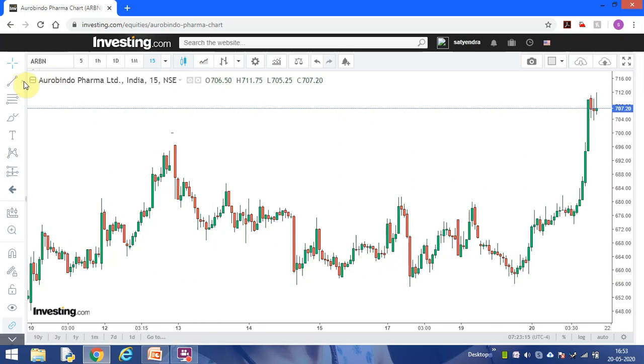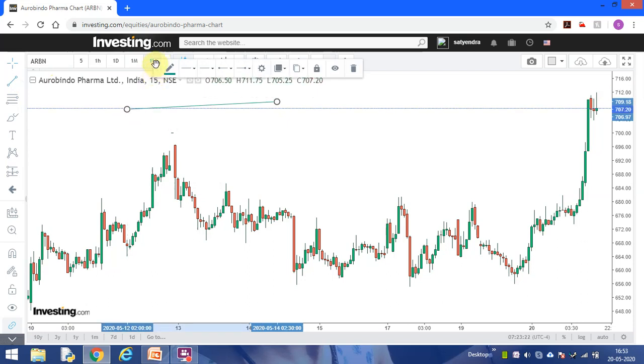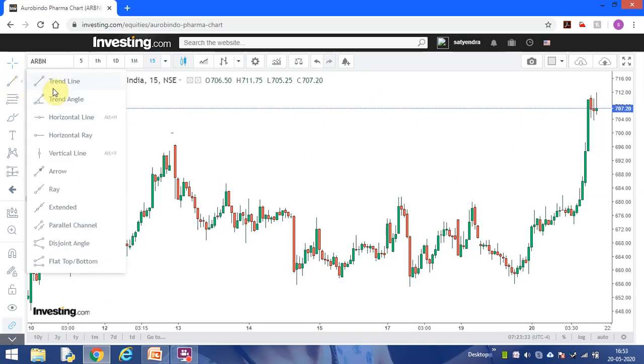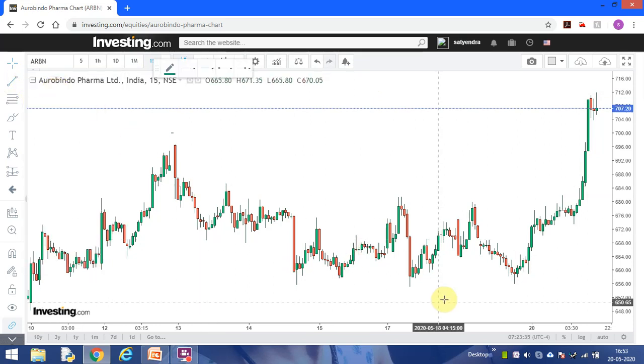Now this is Arvind Pharma. You see, this is a stock, and I have taken Arvind Pharma on the 15 minute time frame. Then here I go to the trend line.